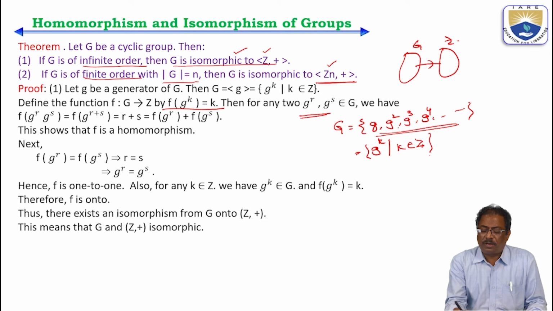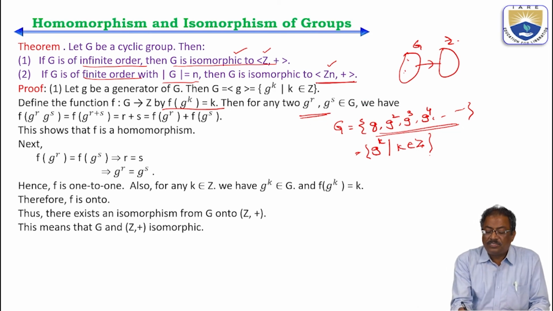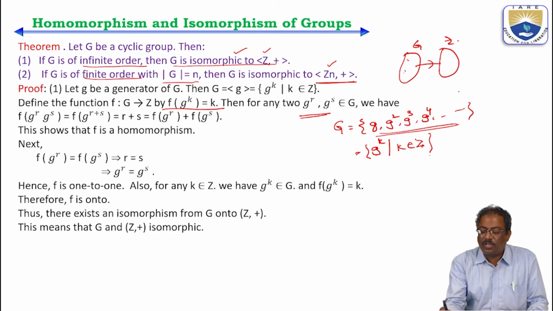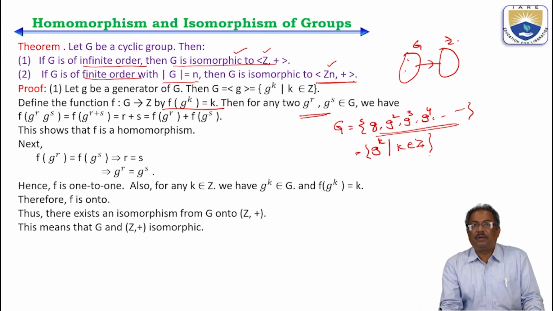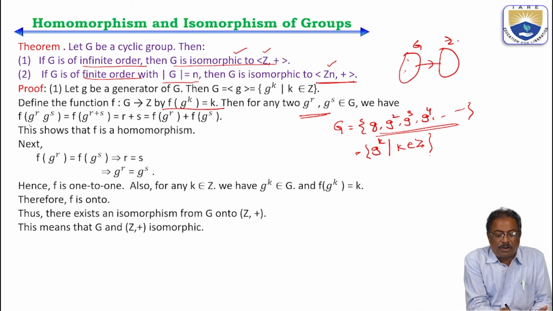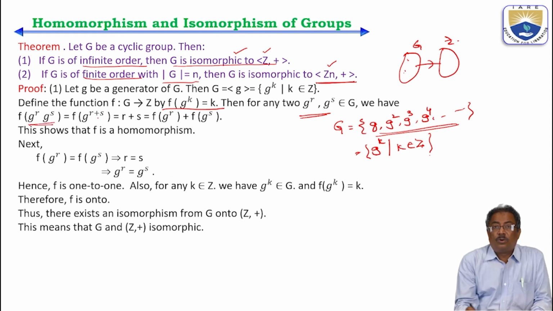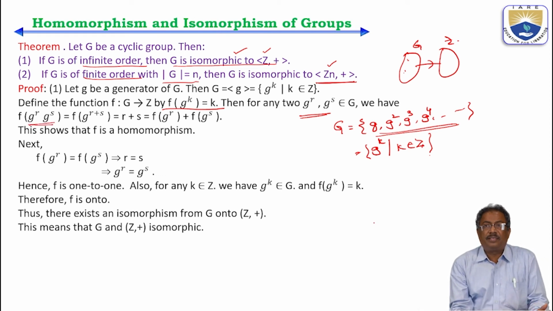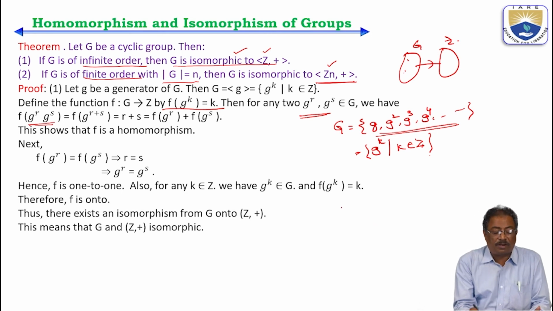So G power R and G power S are any two elements in G. Then G power R into G power S is also a member, because R is some integer and S is some integer, and adding those two is definitely also a member. Now we just have to verify whether it is a homomorphism or not.